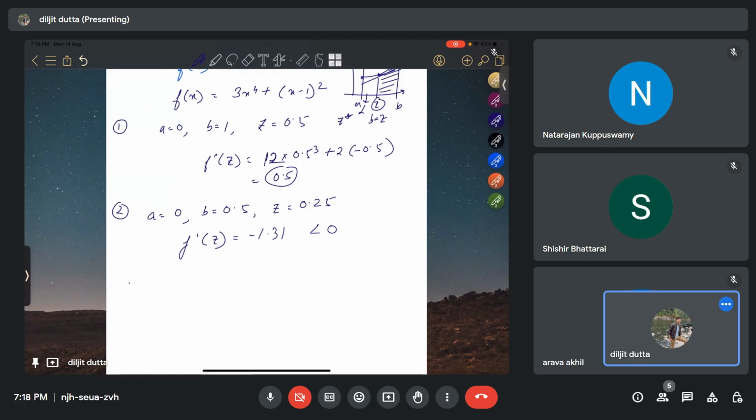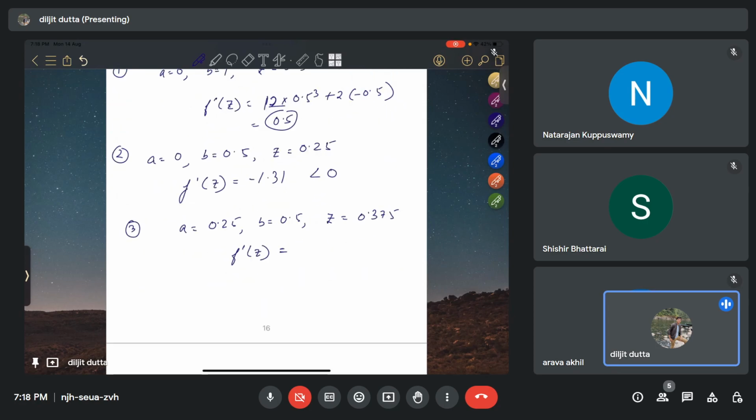So since we eliminate this region, now a is equal to 0.25, b is equal to 0.5, and z is equal to, I think, 0.375. So again we evaluate f dash of z.